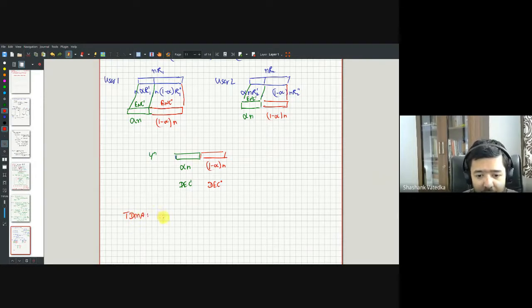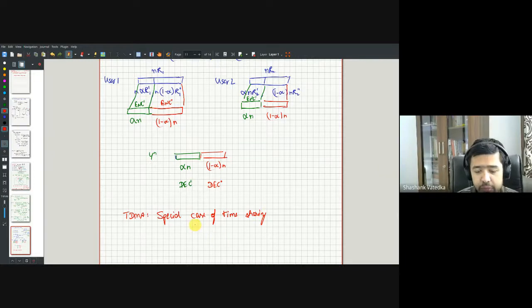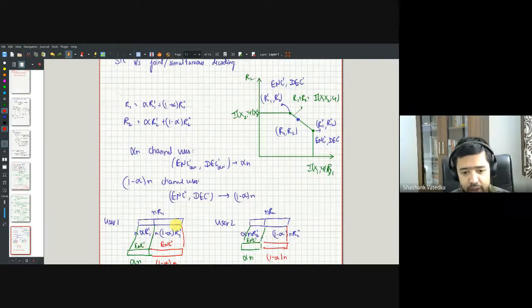So TDMA is a special case of time sharing. So you can use time sharing for any pair of schemes, right? So you have one set of encoders and decoders.